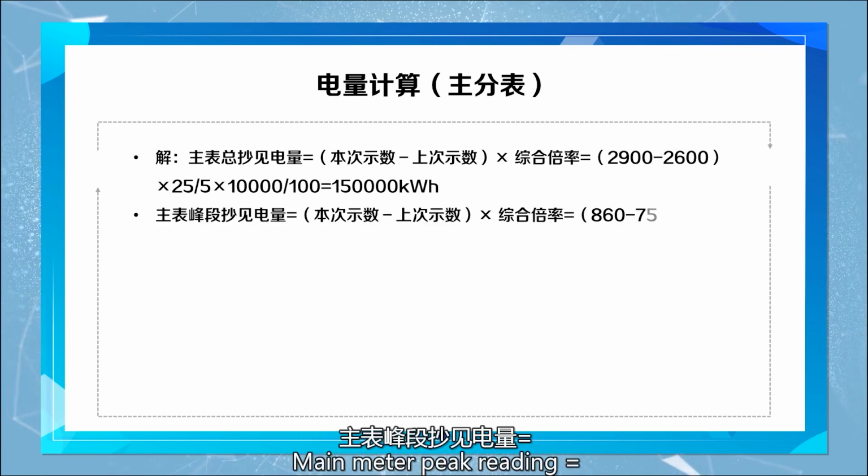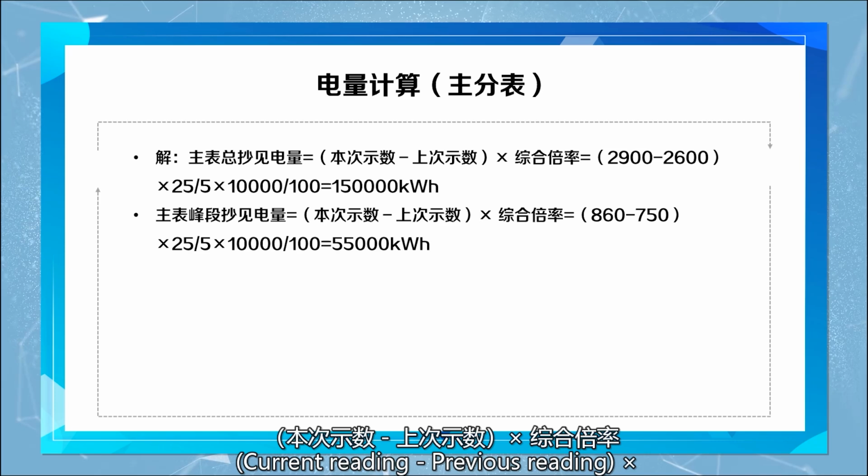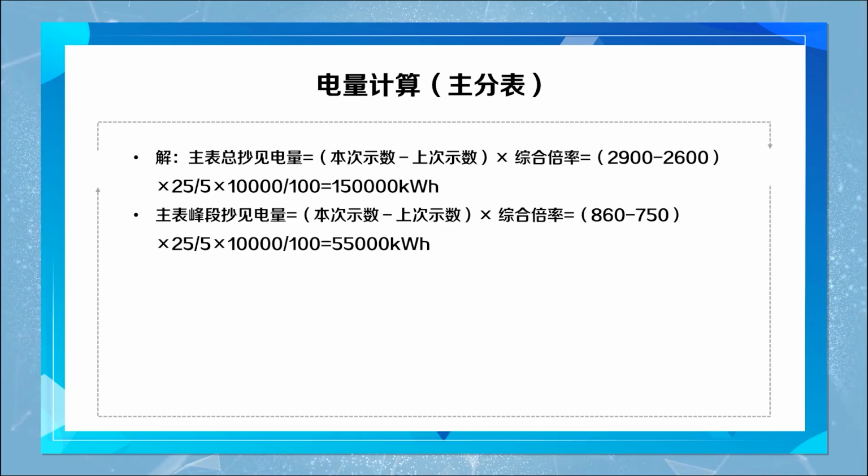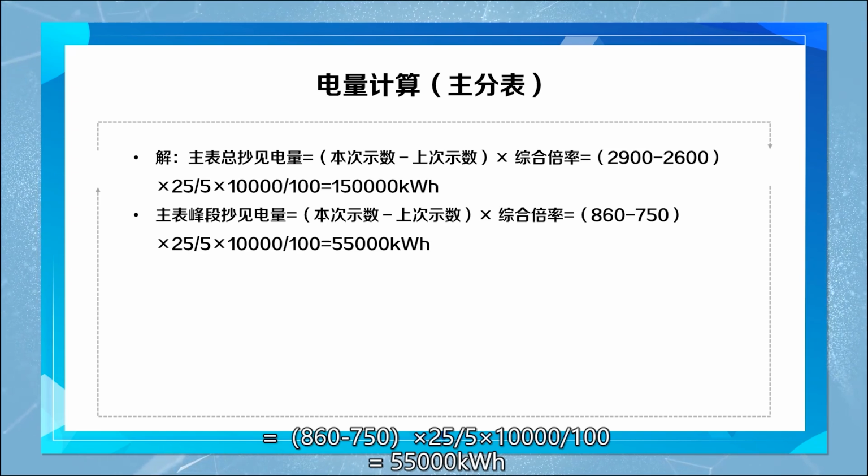Main meter peak reading equals 860 minus 750 all times 25 divided by 5 times 10,000 divided by 100 equals 55,000 kilowatt-hour.